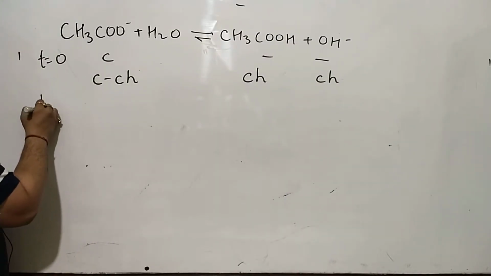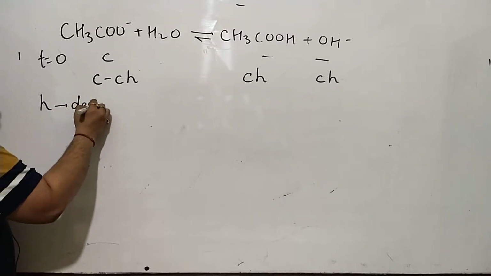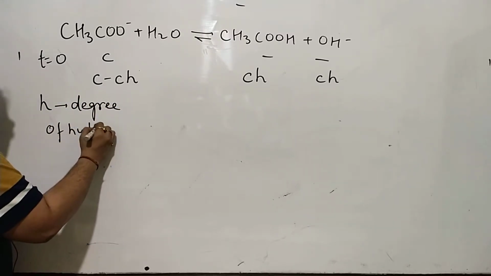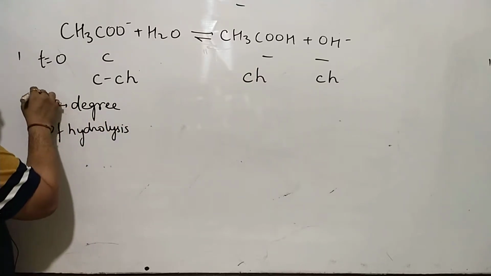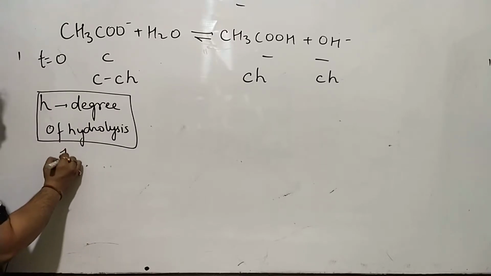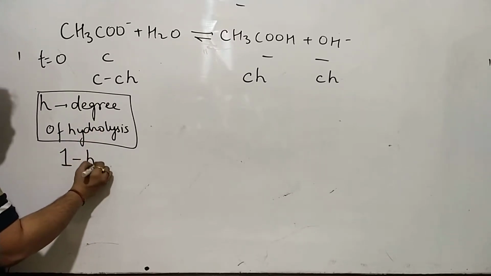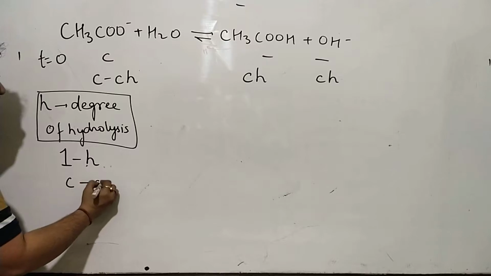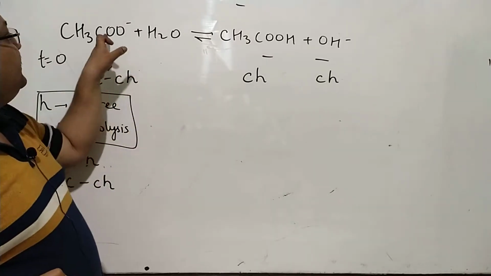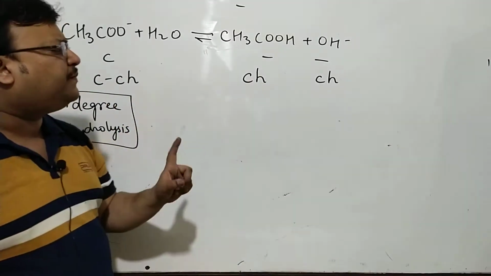Small h being degree of hydrolysis: number of moles hydrolyzed per mole. So out of 1 mole, if the amount hydrolyzed is h, out of C mole, the amount hydrolyzed is Ch. So C goes by Ch. ये Ch जाएगा तो ये Ch बनेगा.